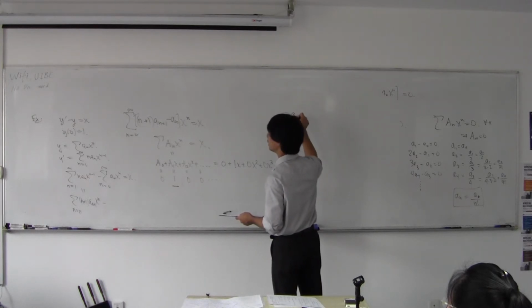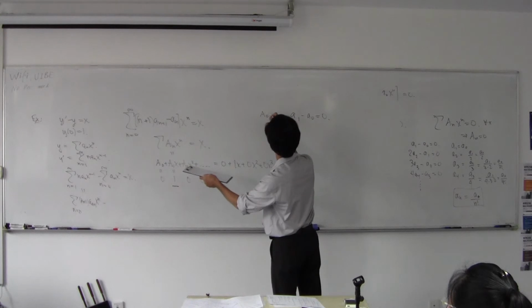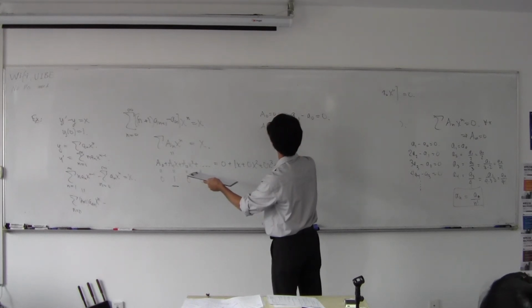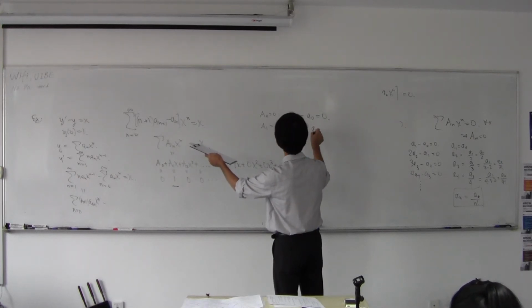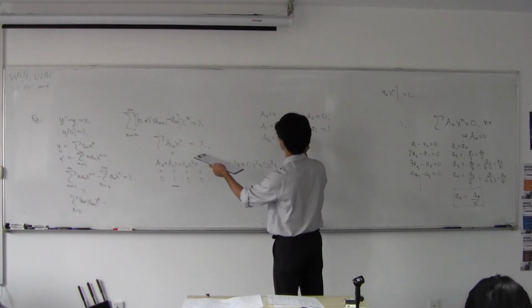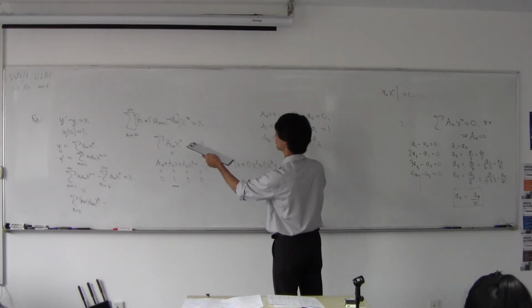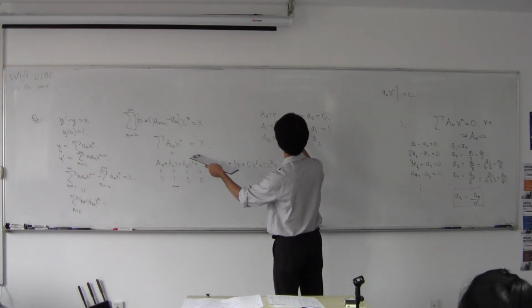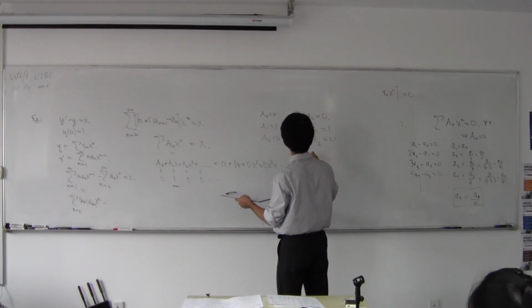That tells me that when n is 0, I get this is 0. a1 is 1. So that tells me that a2 minus a1 is 1, right? a2 is 0. So that tells me that, I'm sorry, this should be a 2 here, right? 2a2 minus a1 is 1, 3a3 minus a2 is 0, etc., etc.